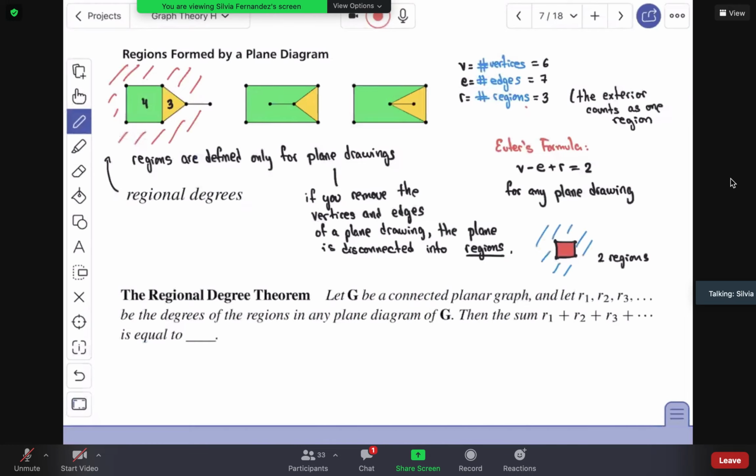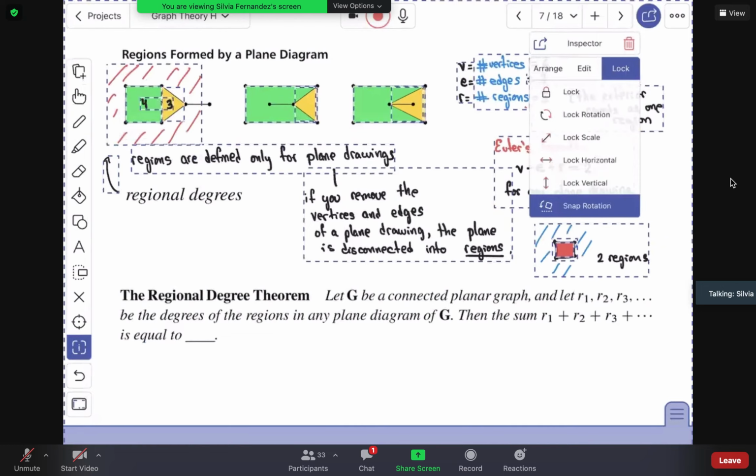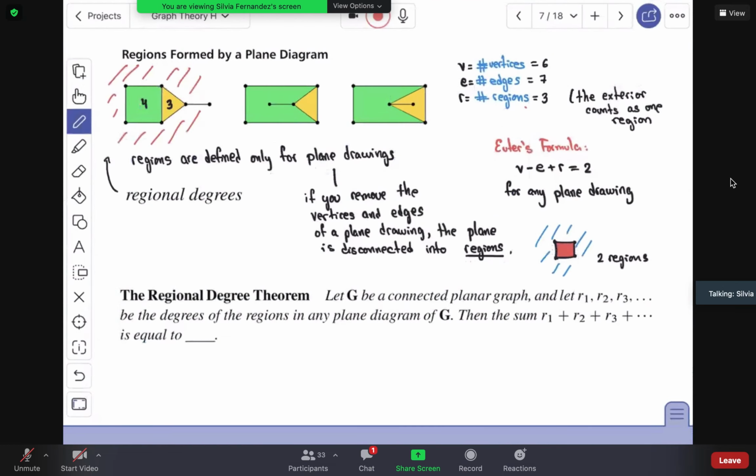So let me draw it down here. For the outer region, imagine that you're actually walking around the boundary. Let's say you start walking here. 1, 2, 3, 4, 5, 6, 7.